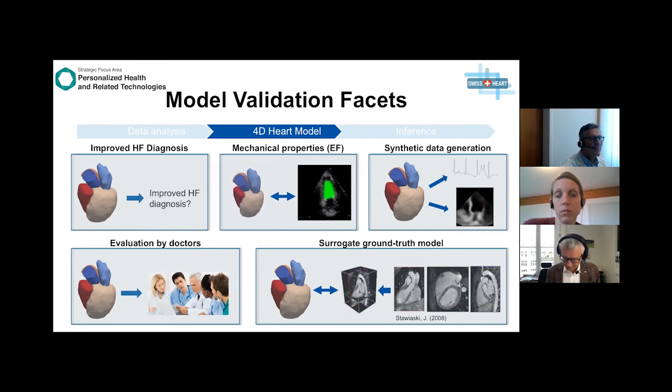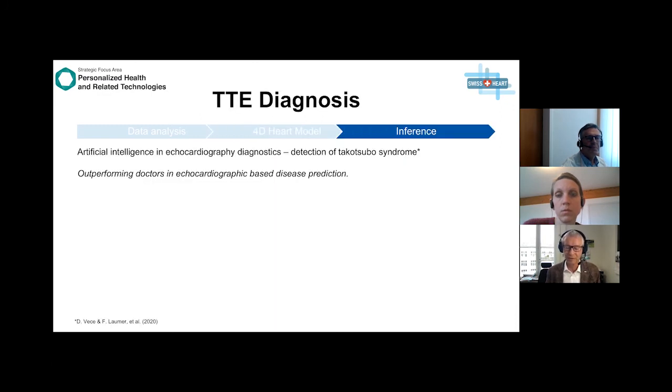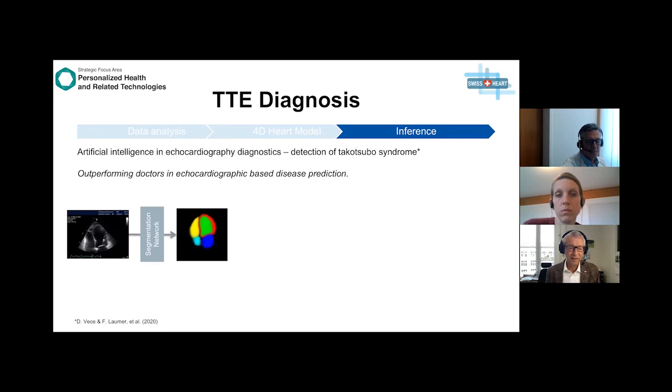We think about all these components, but due to currently still the lack of data, we have to focus on what we can do on the available data. So the TTE diagnosis, here you have your input and the segmentation.